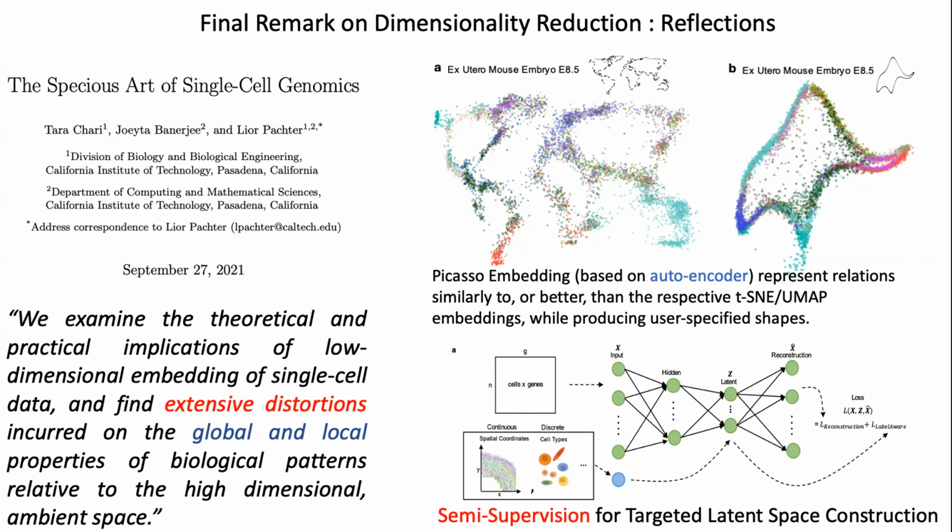Fully unsupervised dimension reduction means you don't rely on prior biological knowledge, but if you incorporate more biology information, maybe you can get a more reasonable result. That's why it's called semi-supervised, and it also uses a latent space, in a deep learning way. If we have a chance later, we can talk more about deep learning tasks.